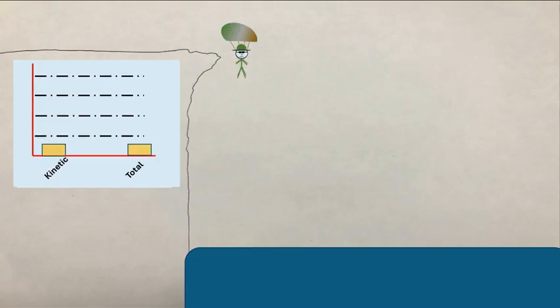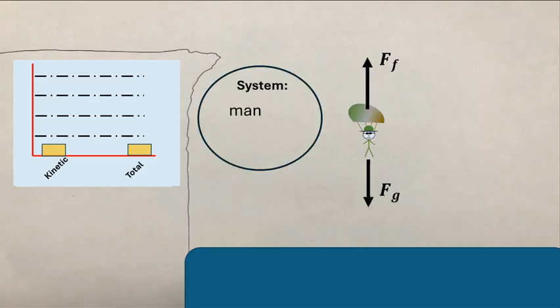But when he jumps, he gains kinetic energy. The parachute limits his speed so that he doesn't actually gain any more kinetic energy. He just gets faster up to a point and then can't go any faster. And what happened here is we had no energy, but now we have a little bit of energy.